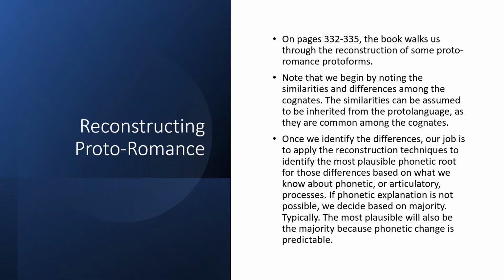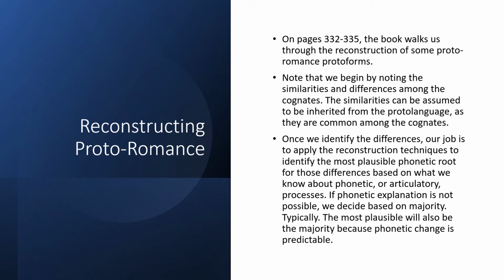And we'll talk about what that means in a minute. Once we identify the differences, then our job is to apply the reconstruction techniques to identify the most plausible phonetic root for those differences based on what we know about phonetic or articulatory processes. And there are a bunch of examples in this chapter that we also talked about way back in chapter 2 again, right? So if phonetic explanation is not possible, then we decide based on majority.